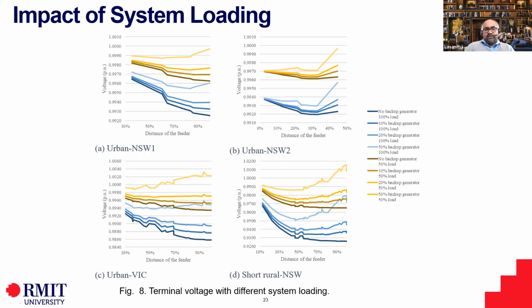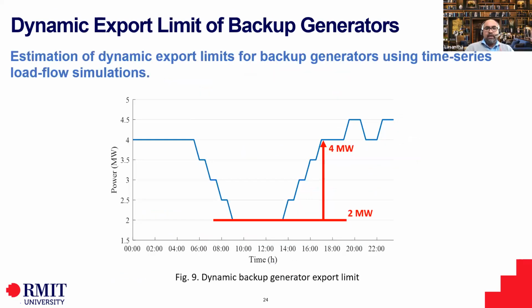So these are just some representative results. We got a lot of other results as well. But with this in mind, we have looked at what we can do to improve the export limit. At this point, in most cases, there is one single number for each CNI customer to export the active power.